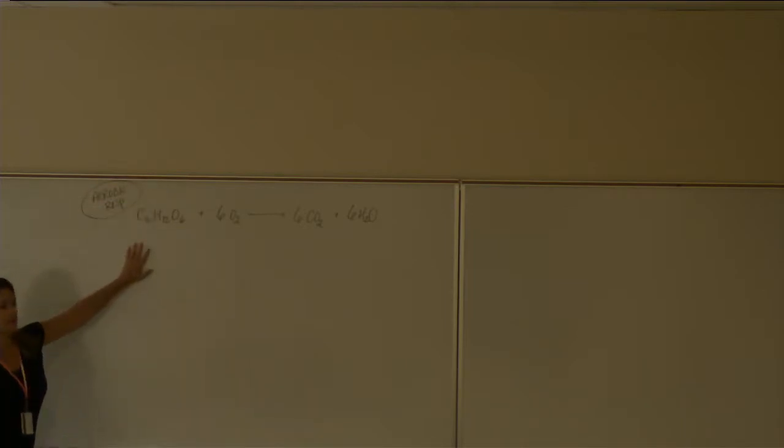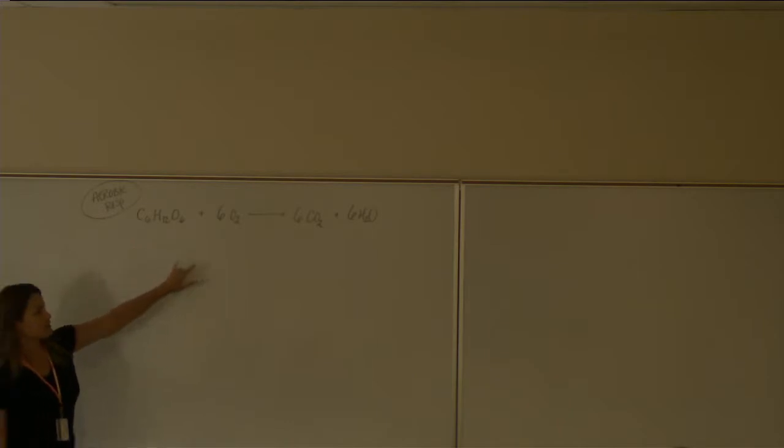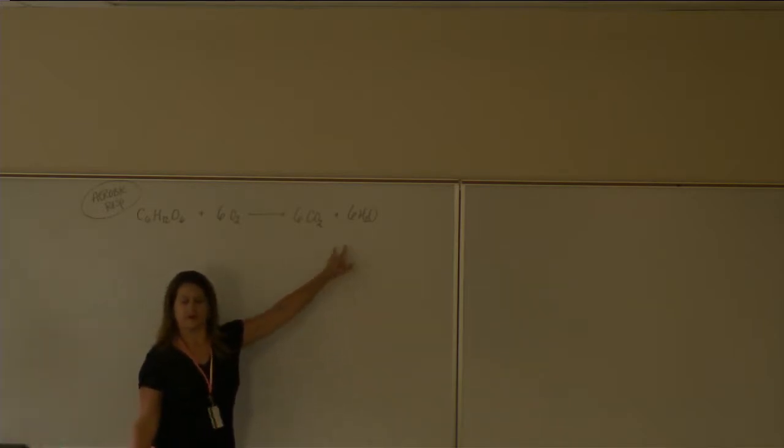Here we're looking at a reaction that heterotrophs are going to undergo. We had this on the board last week, and I took the time to write it on the board this week. It's probably something good to know for your exam next week. What else did we have as a product from aerobic respiration?